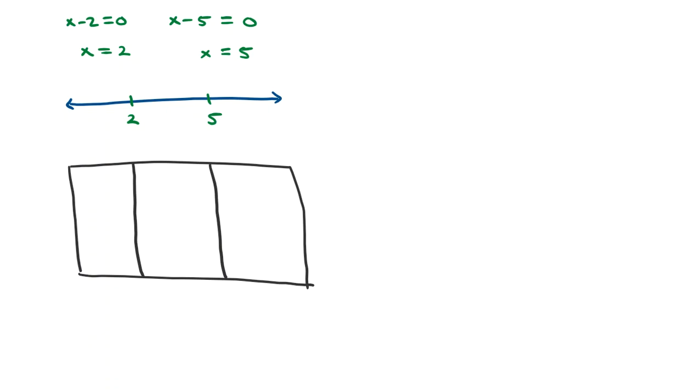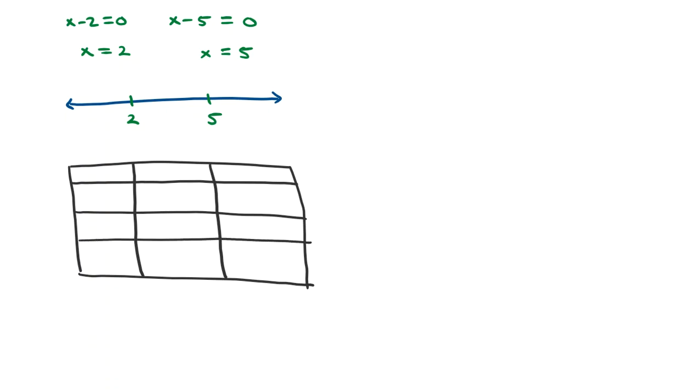There's going to be 4 rows. The first row is going to be a little skinny row, but then I'm going to have a few other rows underneath that. What I'd like to put right here is the number 2, which is one number helping to make these 3 regions, and then 5, which is another number helping to make these 3 regions.